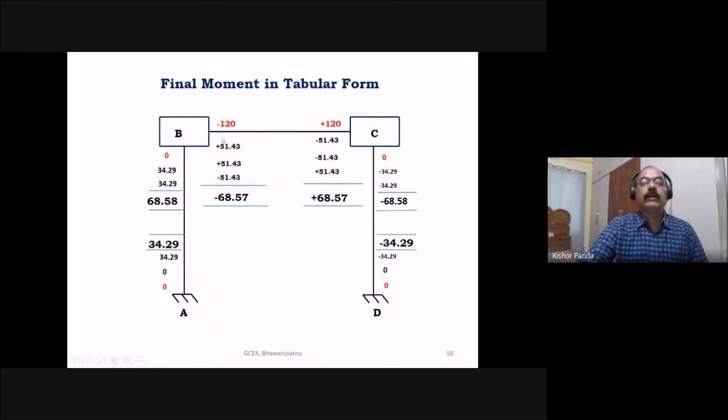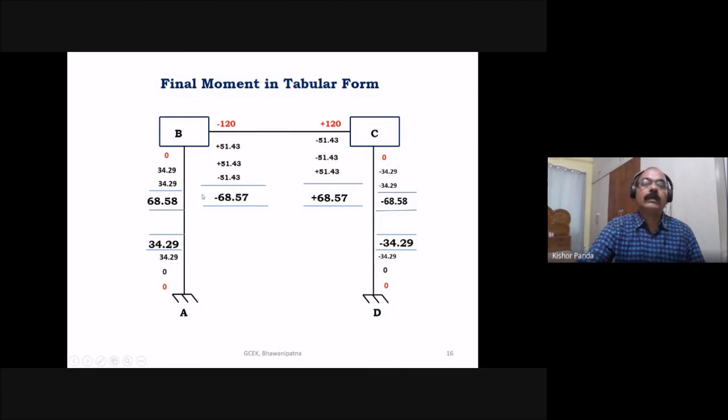Similarly for MBC, the fixed end moment, the near end rotation moment and the far end rotation moment, and the summation is minus 68.57. Here also, the fixed end moment plus twice the near end rotation moment plus once the far end rotation moment, this is 68.57. Here also, the fixed end moment, twice the near end rotation moment and far end rotation moment 0, this is minus 68.58, and here also the fixed end moment, near end rotation moment and far end rotation moment give minus 34.29.